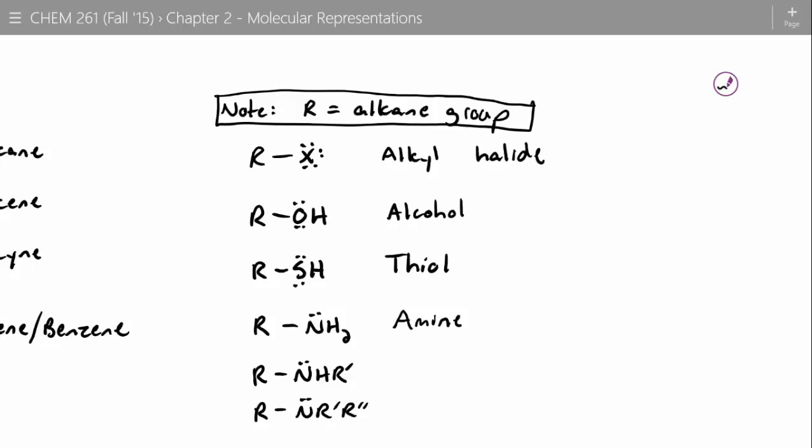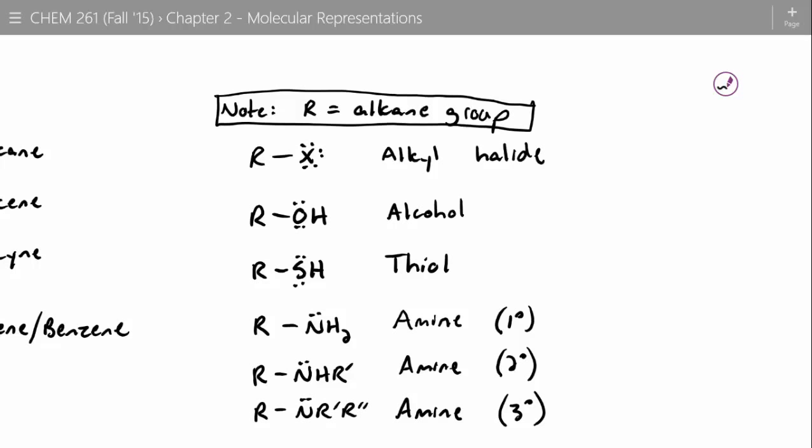They're just different types of amines. What we call this first one is a primary amine. We call this one a secondary amine. And we call this one a tertiary amine. They're all still considered amines in this case.